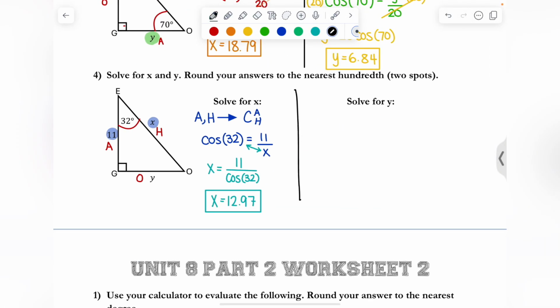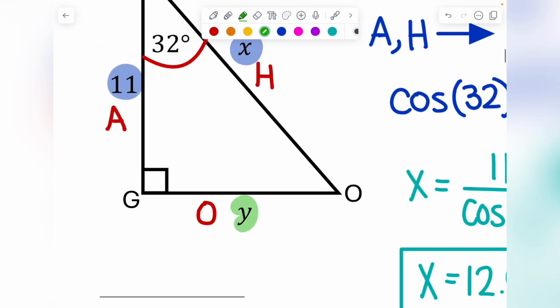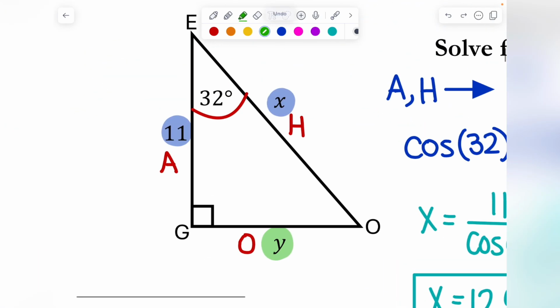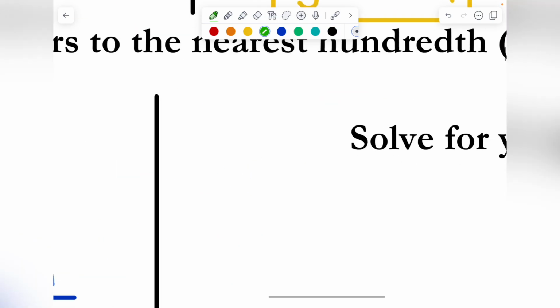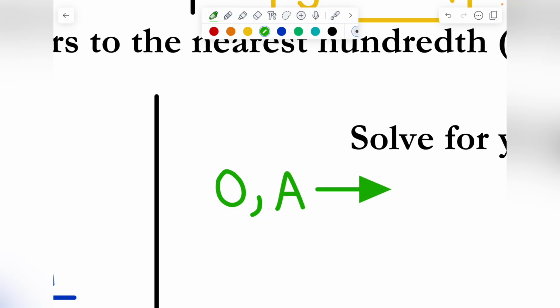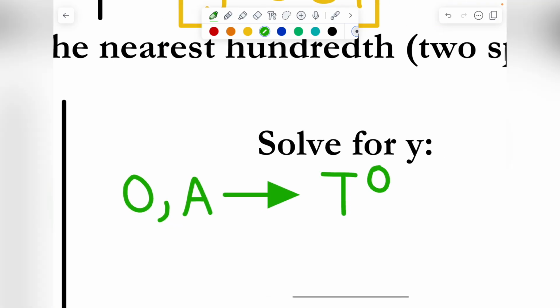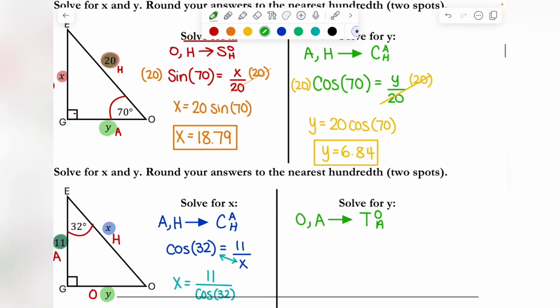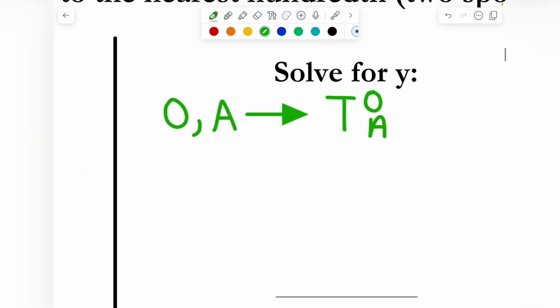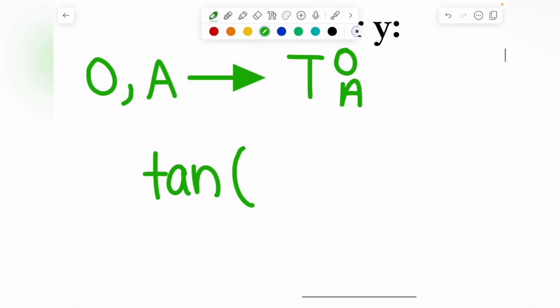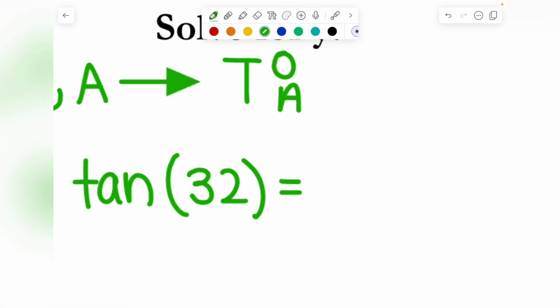Okay, when I solve for y, similar story. This time though, the y is the opposite side, and then the adjacent side is 11. So opposite and adjacent. I'm looking for the opposite. I know the adjacent. This is going to be a tangent problem. TOA. Okay. So tangent of the angle, 32, equals opposite over adjacent, y over 11.